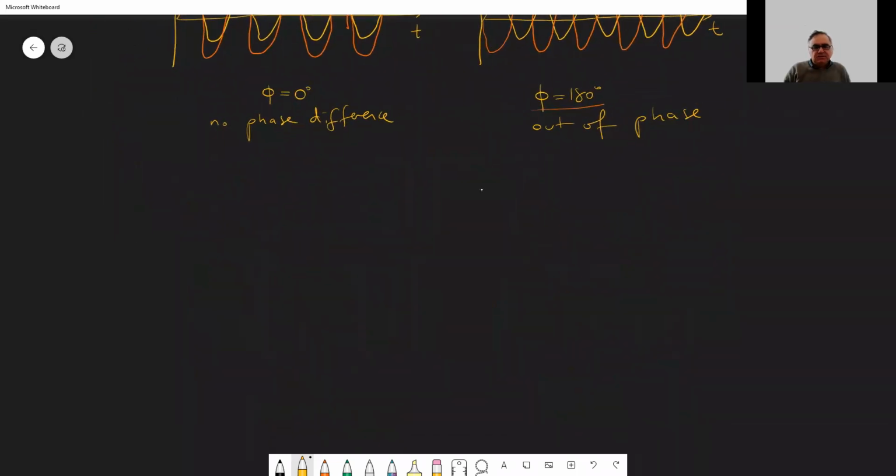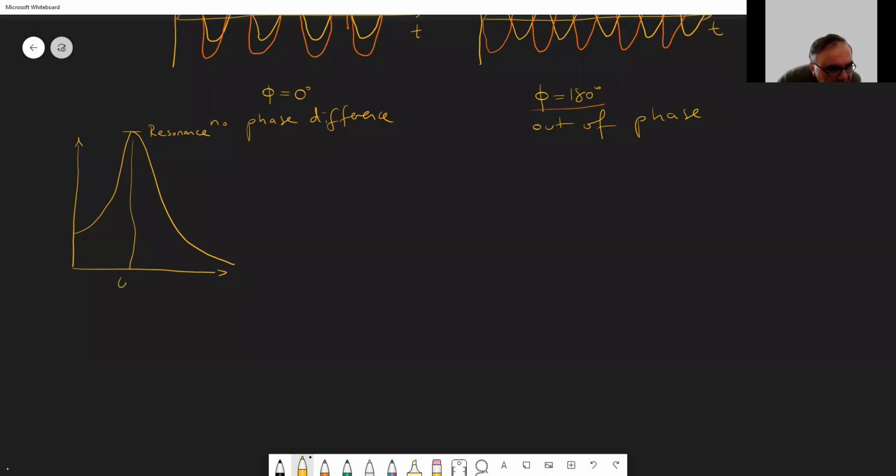So the resonance, let me draw this picture as you might see. The peak value is called the resonance, and it occurs at the resonant frequency, when omega equals omega r.